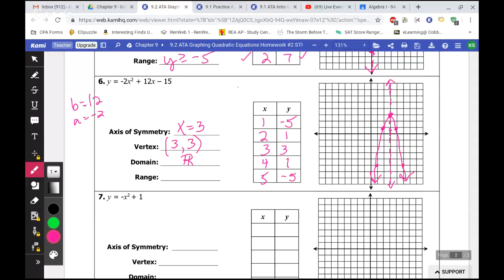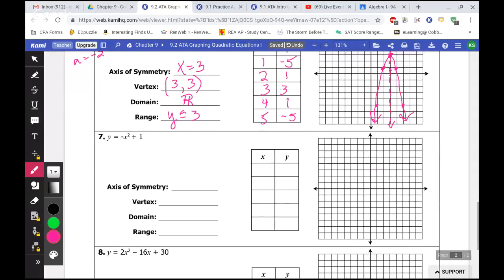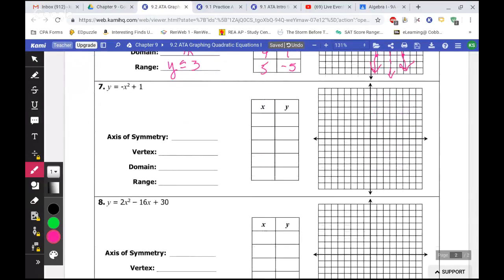What is the answer for the range? Y is less than or equal to 3. Absolutely. You said it so perfect, Kennedy. I'm so very proud of you. That is awesome. Way to go. You go, girl.